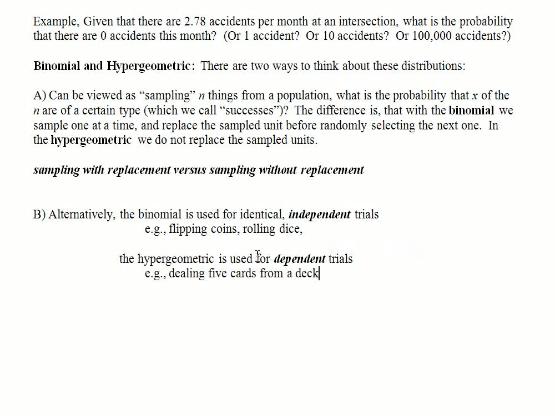Well, if I'm dealing 5 cards to you out of a deck, I'm not replacing those cards. And each time I deal you a card, the probability that that one is a queen is changing based on whether the last one was a queen or not. And so the hypergeometric deals with dependent trials. The binomial is used with independent trials.